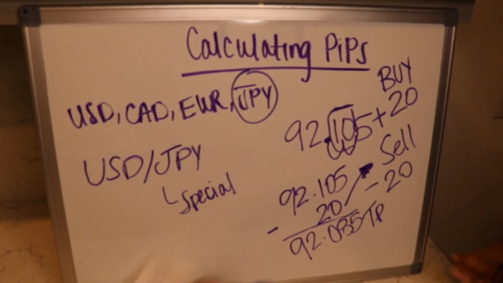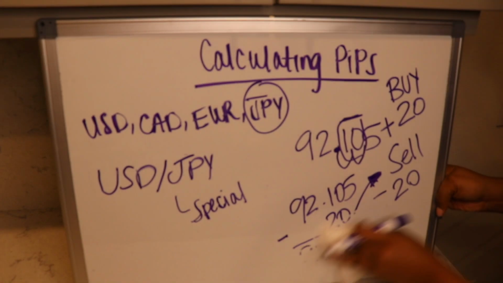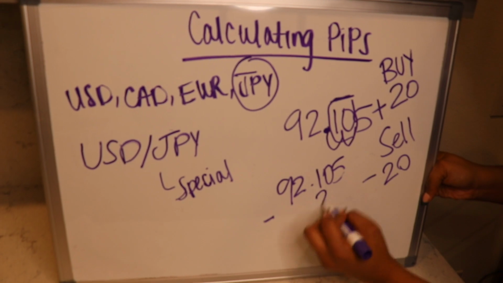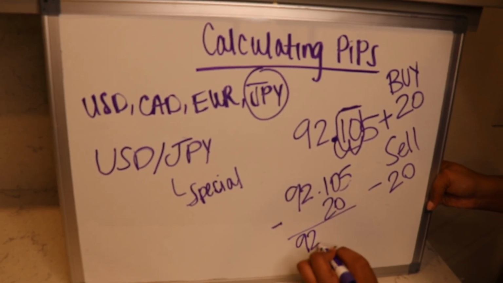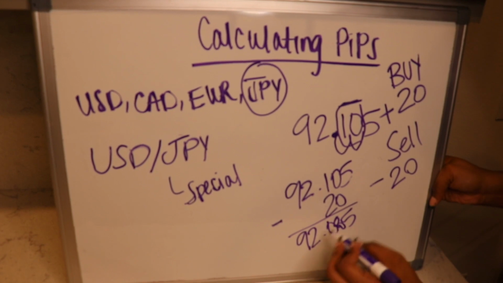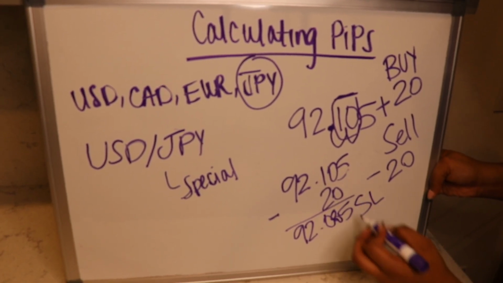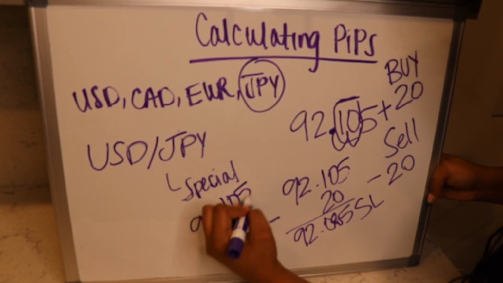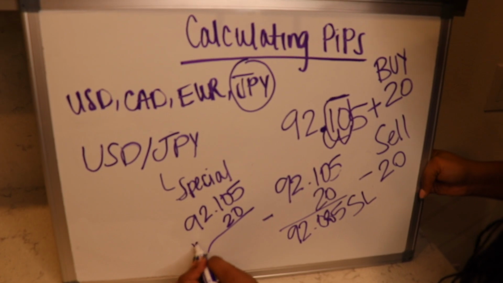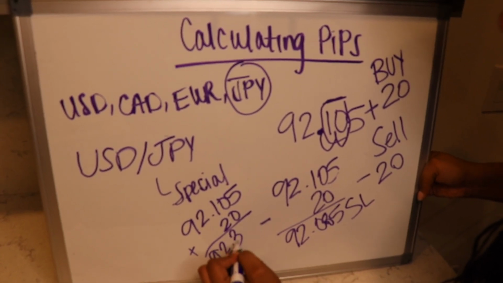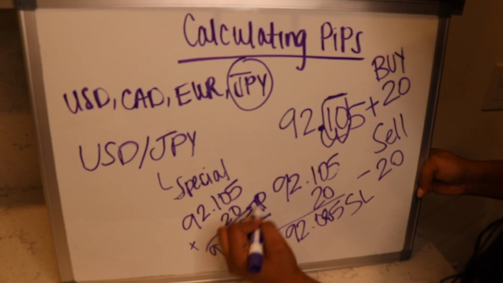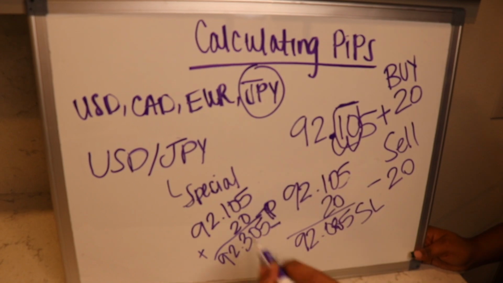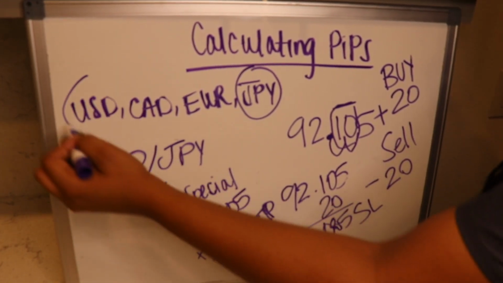So again, just for visual people, if this is 20, 92.085, this is now my stop loss, and then for my buy take profit, we add that, 92.305. This is my take profit. This is how simply you will manually calculate your pips in your basic pairs of Forex.